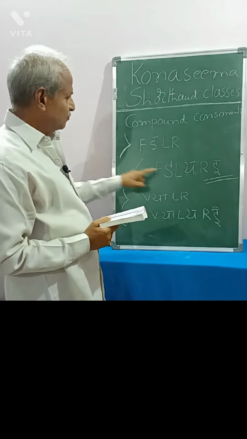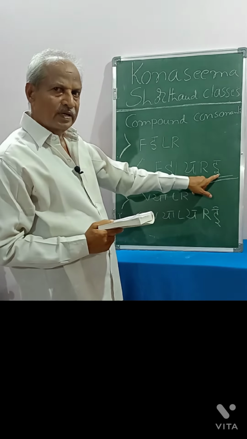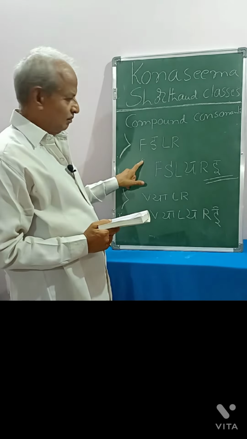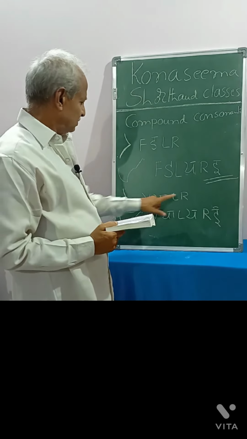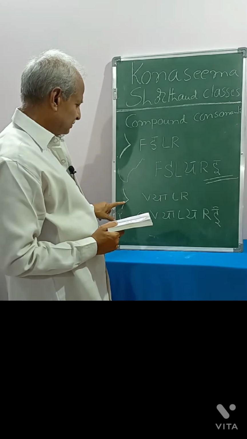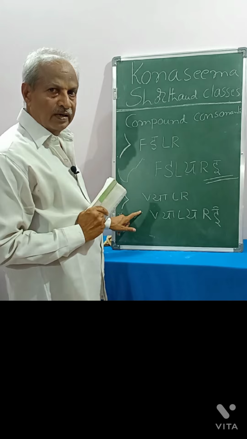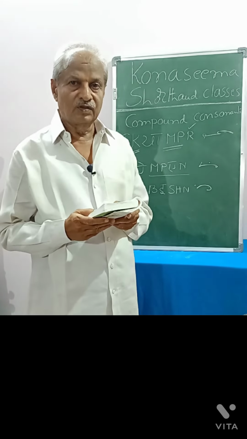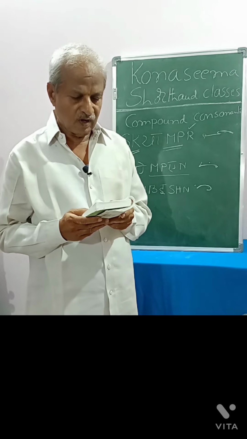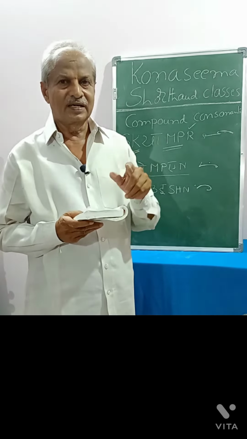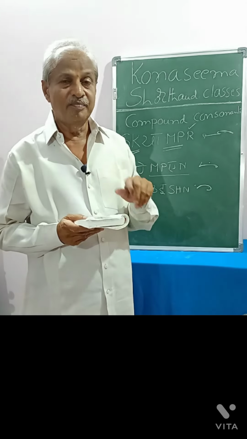But fullery, so as to put a vowel here, we should write fullery. Like that, valor, we will write lar here, but valery, we have to write L ray, valery.